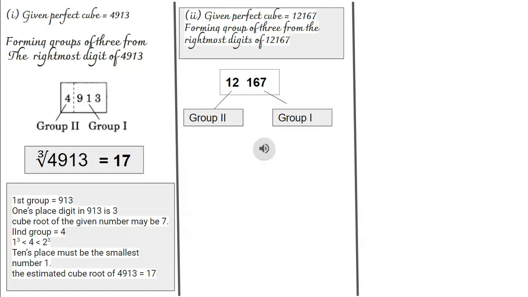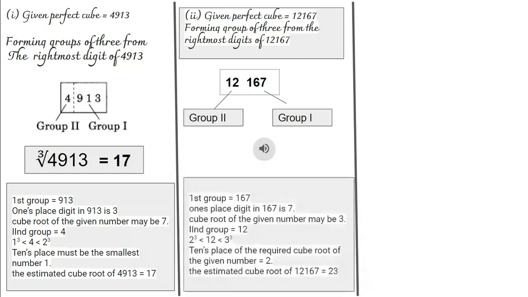Now see the second group, 12. There 1 cube is 1, 2 cube is 8, then 3 cube is 27. 27 is greater than 12, so we will take the smaller number, 2. So the estimated cube root of 12,167 is 23. Clear? Now the last number.